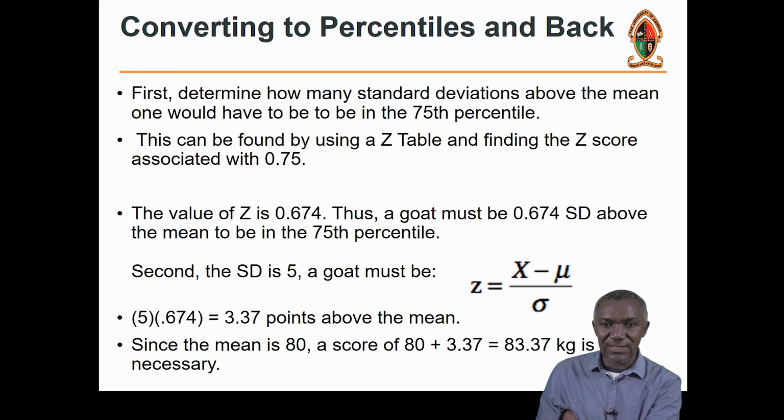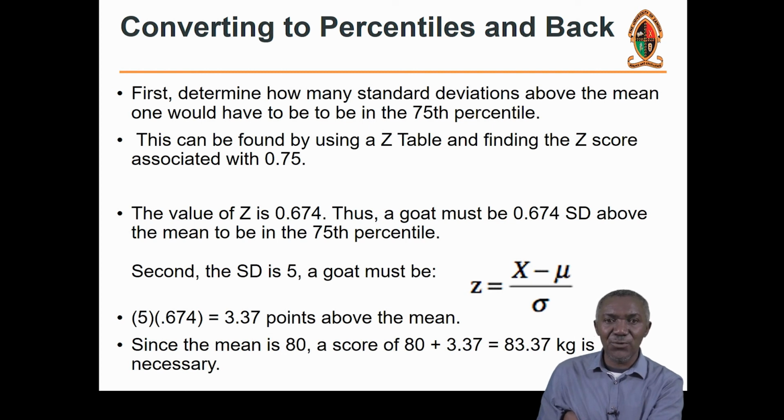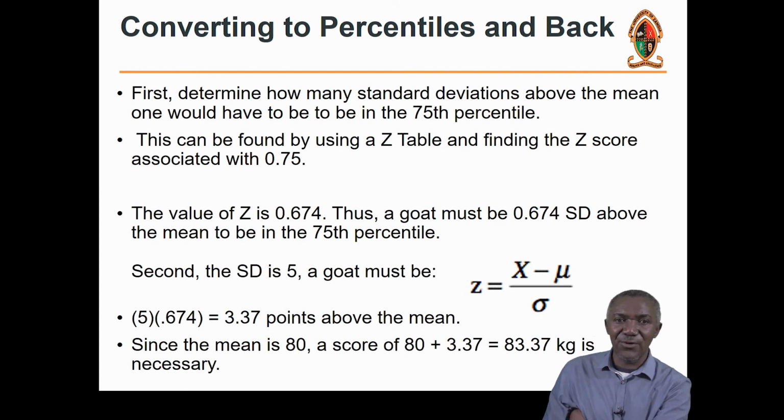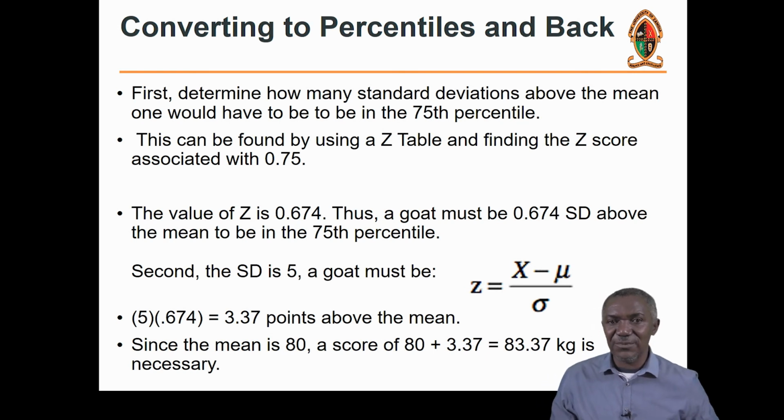If we use this as our cutoff point, then 75% of the goats will remain in the population, and the other 25% will be eliminated. This kind of thinking is used when you want to set up a cutoff point.